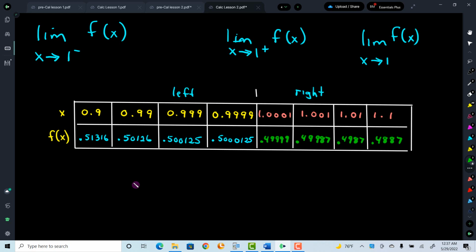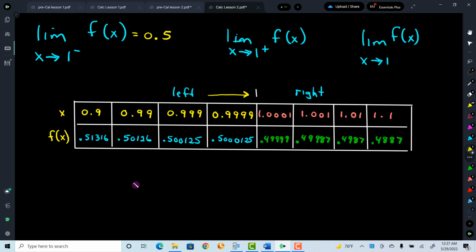Okay, what is the limit as x approaches 1 from the left? As we approach 1 from the left, well, it's clearly getting closer and closer to 0.5.